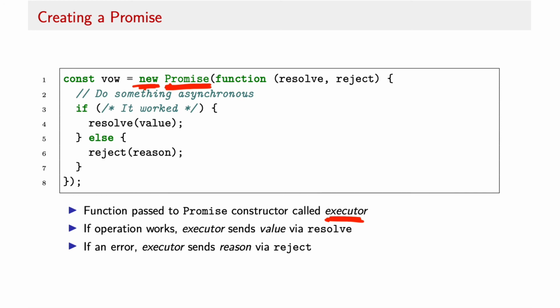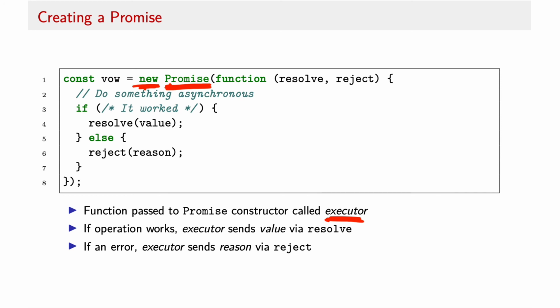It's that function that is going to essentially interpret the behavior of the underlying thing that we're wrapping up in a promise in terms of the promise's semantics, in terms of the way promises behave. So the promise constructor takes this executor function, and inside of that function, it's up to you to basically do that asynchronous thing, okay?